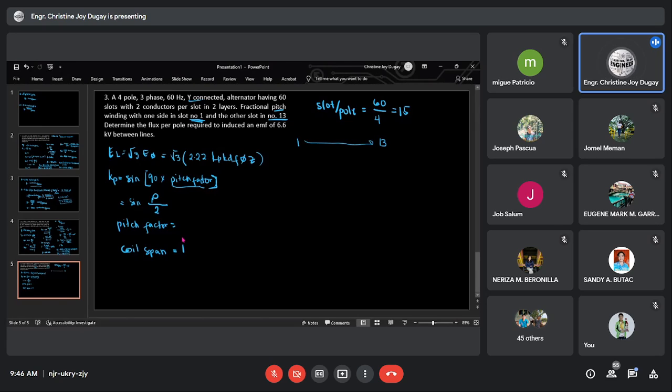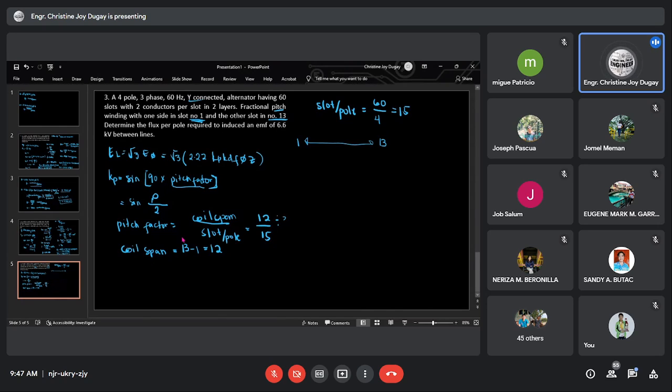Yun yung coil span dito. So that is 13 less 1, that is equal to 12. Kaya nakuha yung 12 na yan. And ang pitch factor natin is makukuha from coil span divided by slot per pole. Or that is 12 over 15.